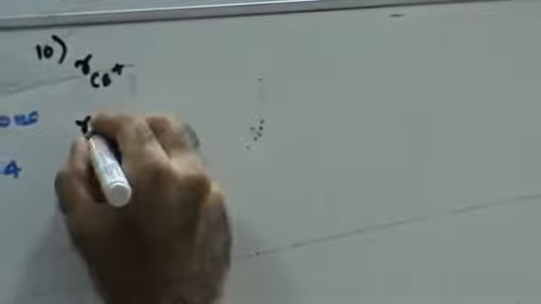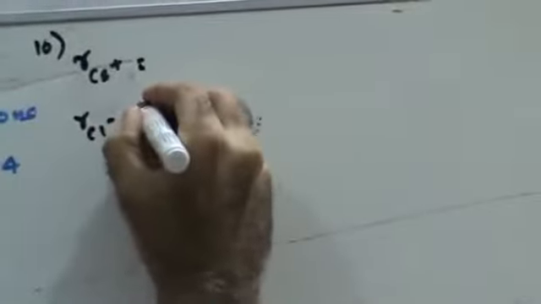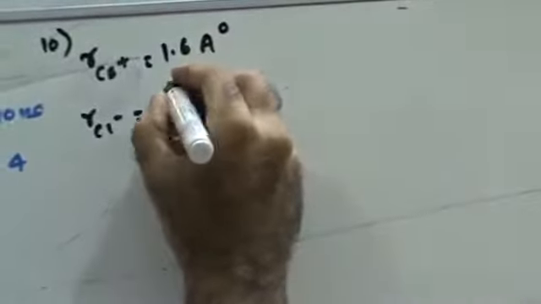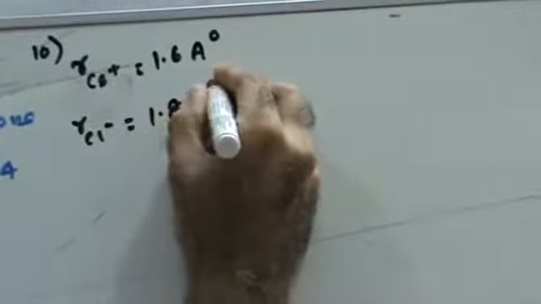The ionic radii of cesium and chloride ions are 1.6 Armstrong unit and 1.8 Armstrong unit.